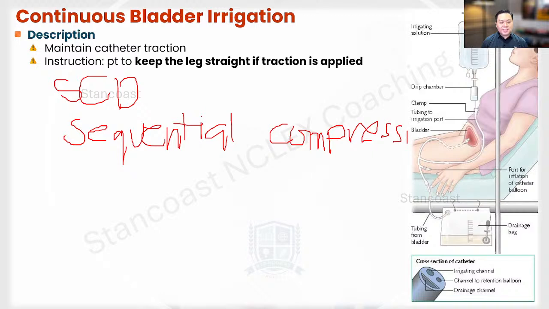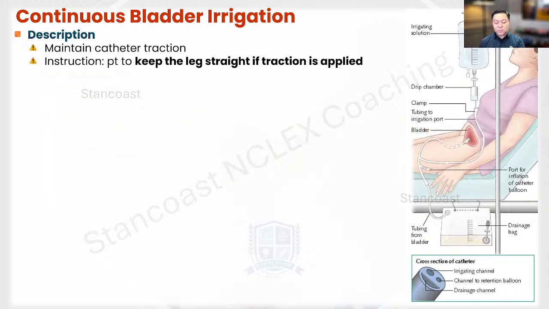This is a synthetic material that will be wrapped around each leg or thigh to cause intermittent massaging. It is connected to a machine to cause intermittent pressure on the leg, and this causes circulation of the blood in the lower extremities. So that's the SCDs, to prevent stasis of the blood, okay? Because our patient here is at risk of developing blood clots, especially if they just came back from a surgical procedure. If their mobility is somewhat restricted, then you have to do something about it.